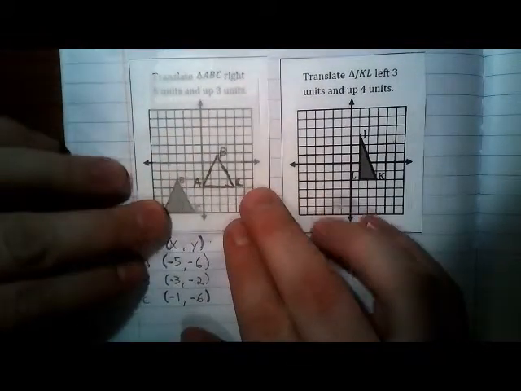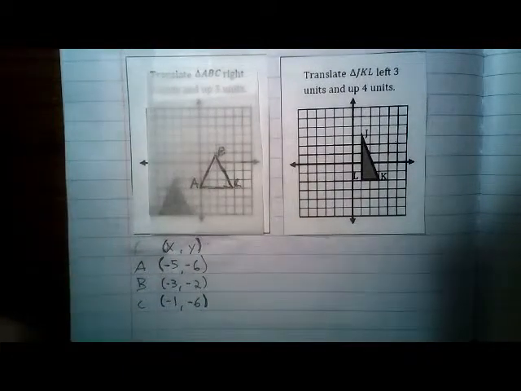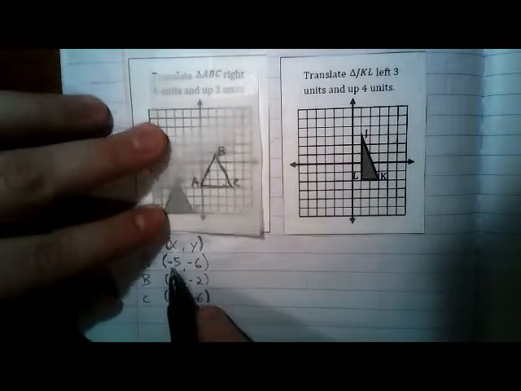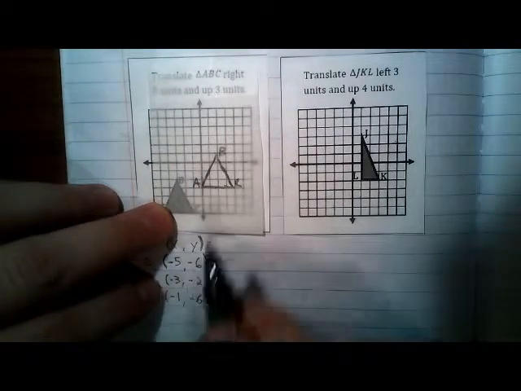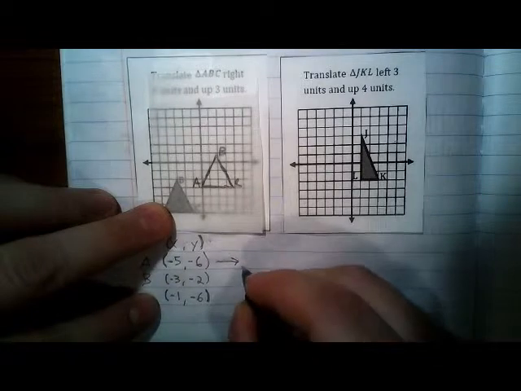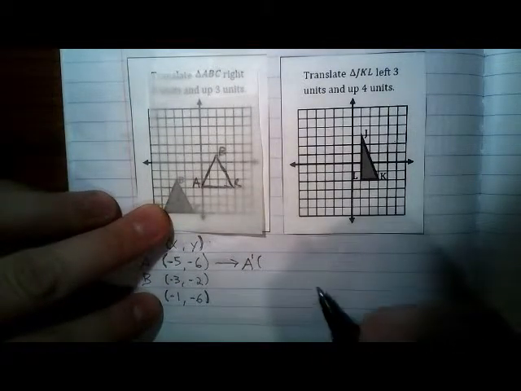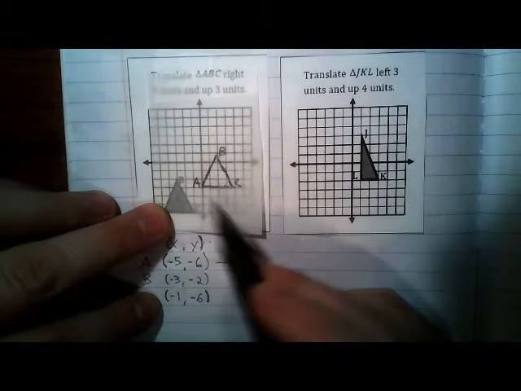Okay. Now let's take a look at how A, B, and C changed. Point A went from -5, -6 to our new A, which is 0, -3.